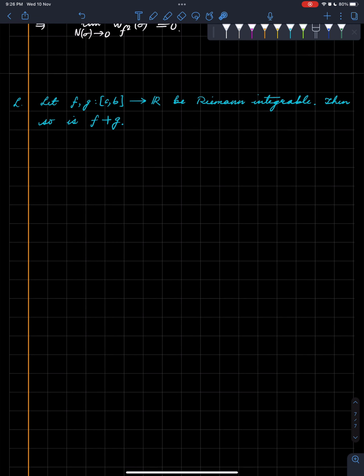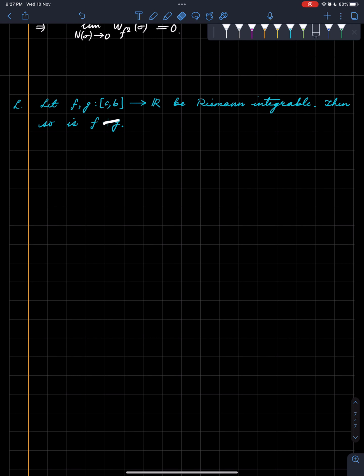And now let us show that if we have two Riemann integrable functions, then their product is also Riemann integrable. So this will be a one-liner.